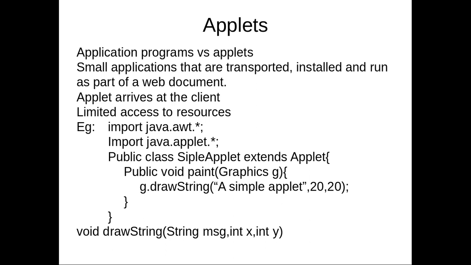If you are looking at the screen, the left-hand top corner is 0,0, x is horizontal and y is vertical, and that's all about this program. So when this is executed, a window is created, and in that window a simple applet message will be painted at location 20,20, that means 20 in the x direction and 20 in the y direction.